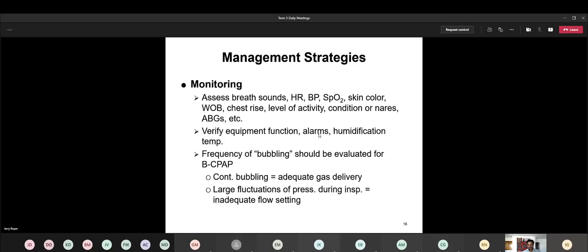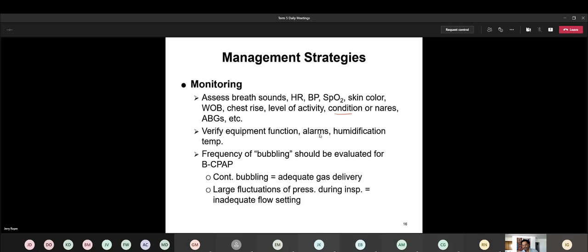So what do we monitor? Pretty standard stuff. You've got to monitor your vitals, check breath sounds, and document heart rate and saturations, et cetera. You may also have to comment on some other things, especially the condition of the nares. This is a legal thing here.